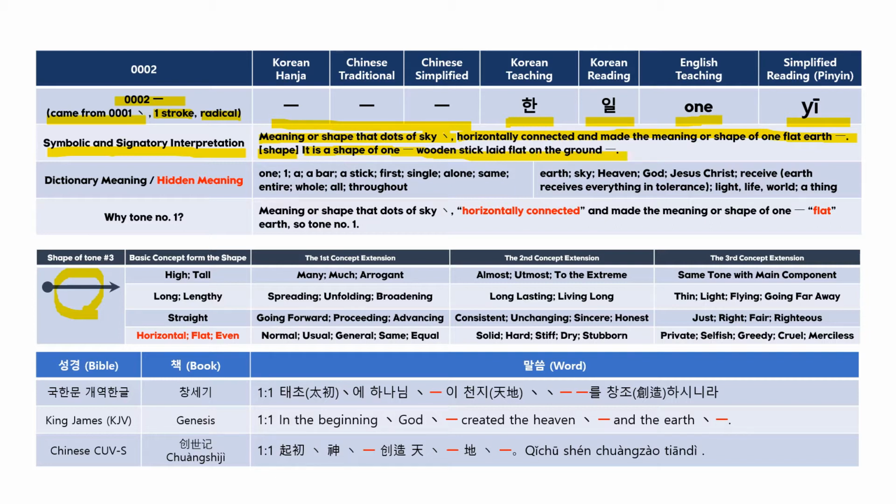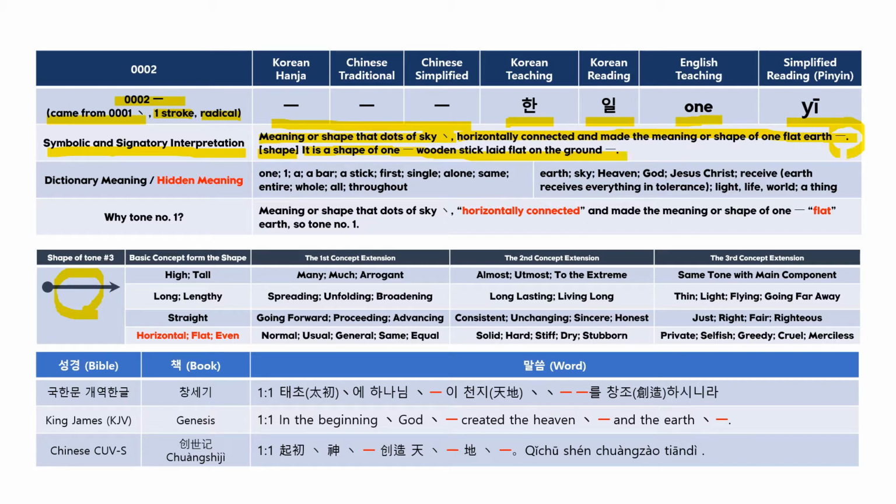Anyway, whichever way you go, you can remember the meaning of this character. I'd like to interpret it as the meaning or shape that dots of sky, please remember the hidden meaning, horizontally connected and made the meaning or shape of one flat earth.